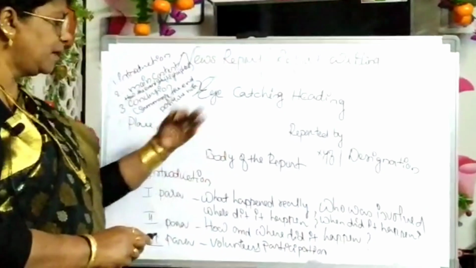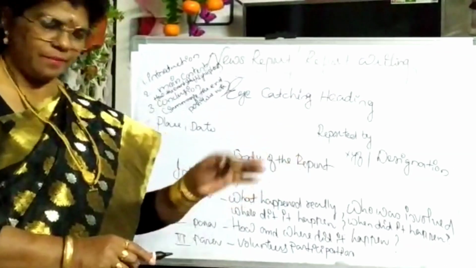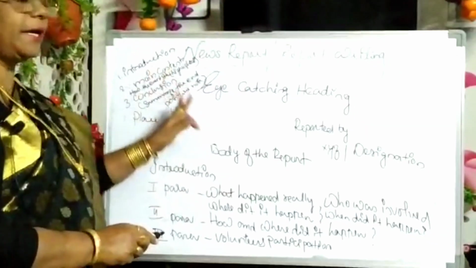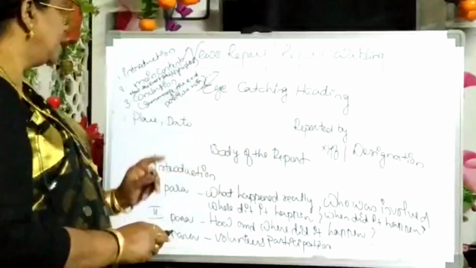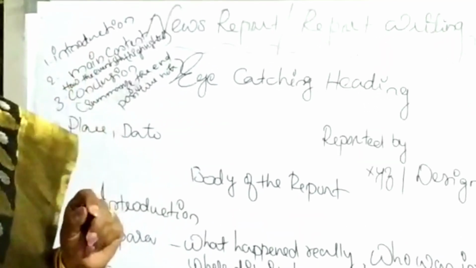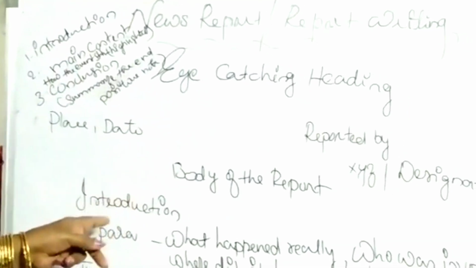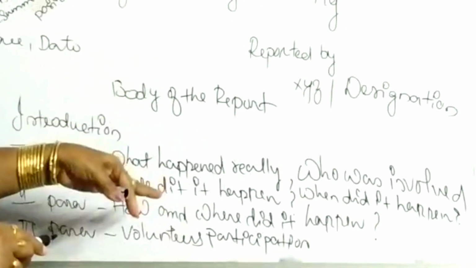Before I say the body of the report, let me say some points. There are three parts of a report. One is introduction, second is main content, third is conclusion. Let us discuss first what is introduction. What all things will come under introduction?